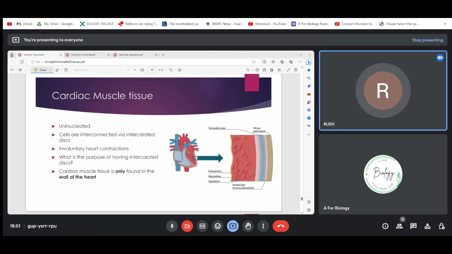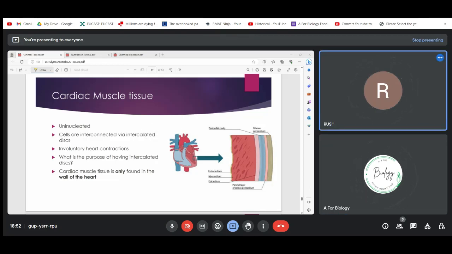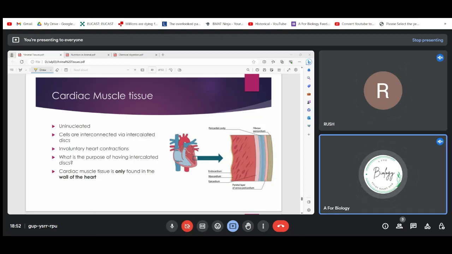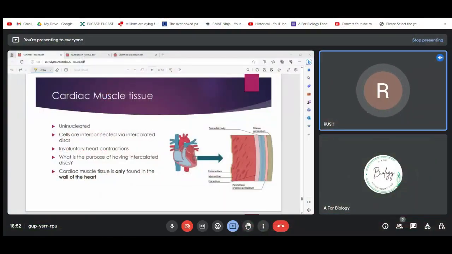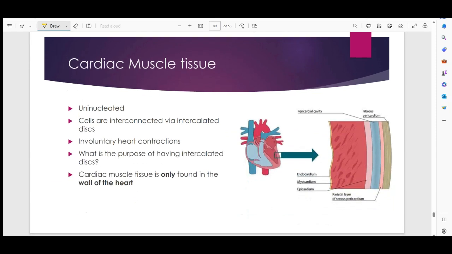Bundles of long cells, multinucleated, presents contractile units called sarcomeres, and because of sarcomeres, the cells are striated. Striations are present. Okay, good. And action, voluntary or involuntary? Voluntary. Voluntary, good.